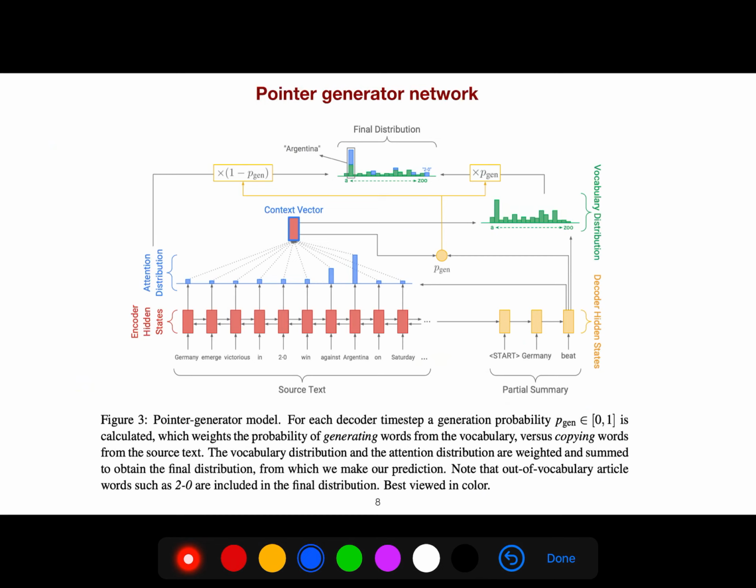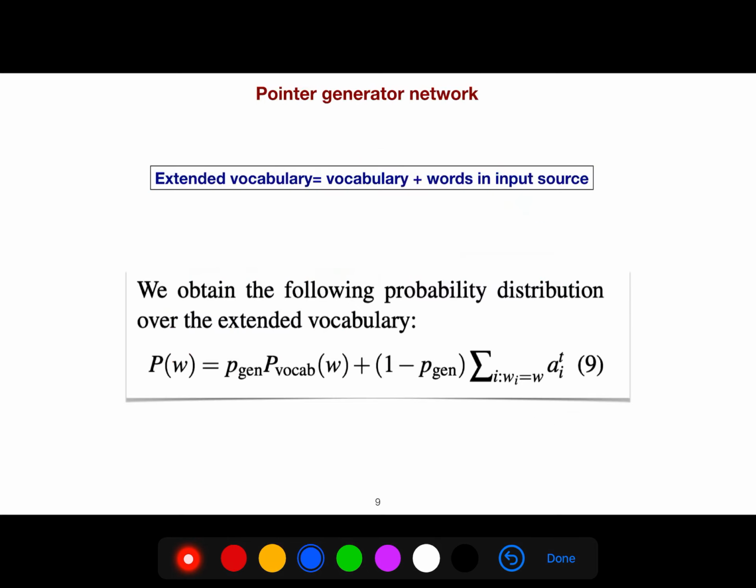But the pointer generator network, which is depicted here, uses P_gen. So we should use this formula. We are using P_gen and 1 minus P_gen. So if the probability of generation is high, for example 0.9, then this term is lower.